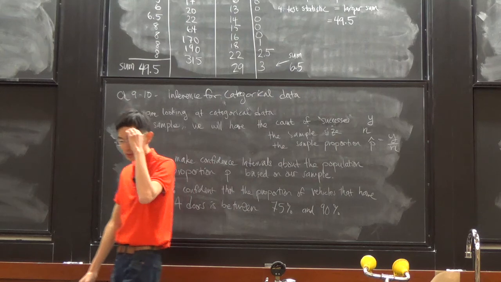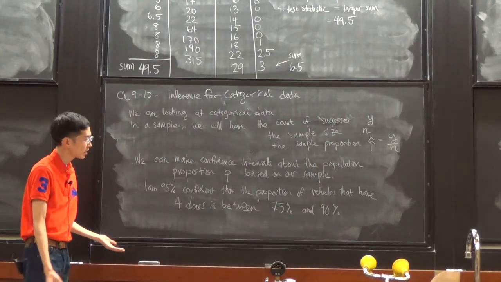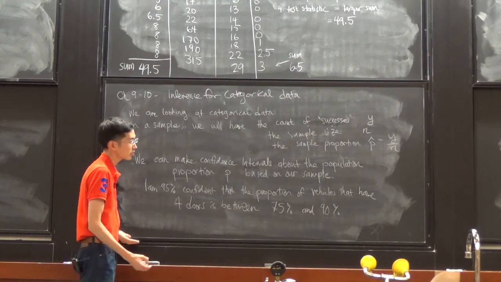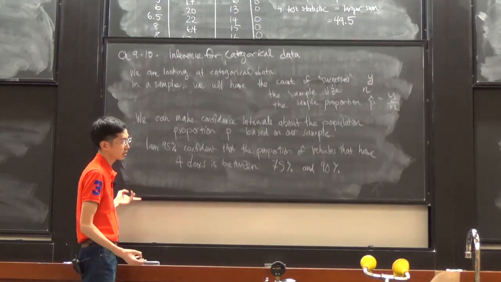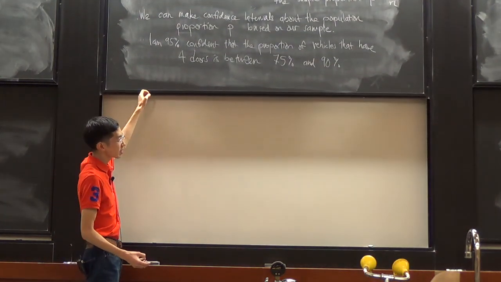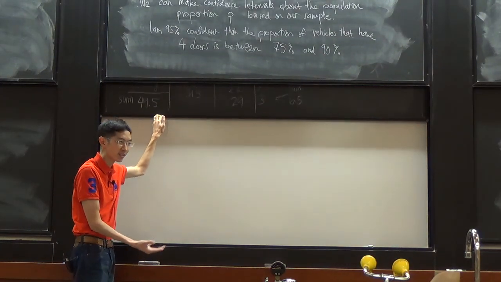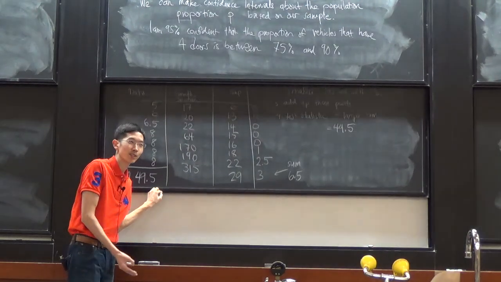Okay, so I have to say our book does something unusual, and it's not wrong, and I understand why they're doing this. But in terms of other statistics textbooks, this is the only text that I've seen do confidence intervals this way.